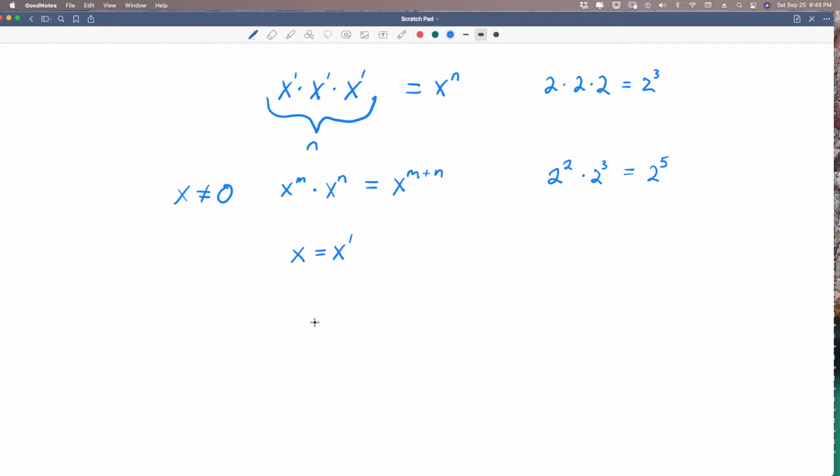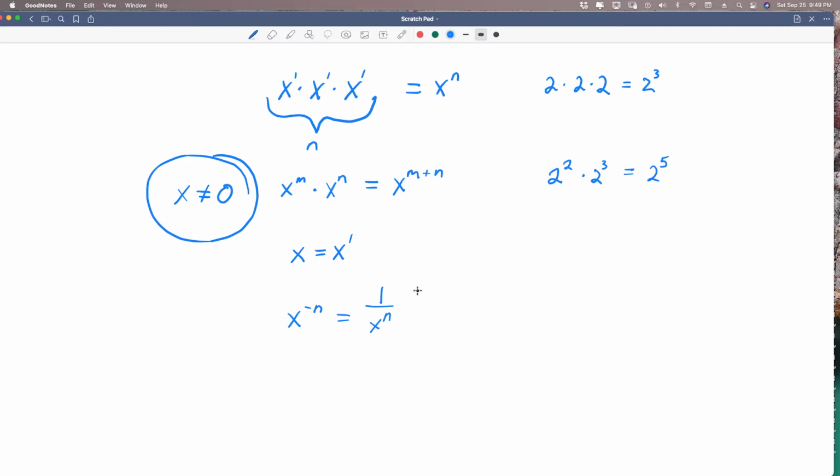We also have learned when talking about negative exponents that if x is not 0, it's very important, then x to the negative of some number is equal to 1 over x to the positive of that number.